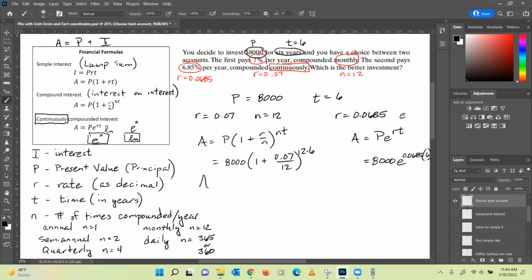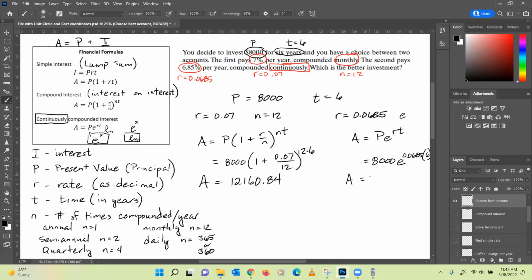All right, so plugging these into my calculator, I'll do the 8,000 times 1 plus R over N, 0.07 divided by 12. And I'm going to raise that to the power. And that gives me $12,160.84.